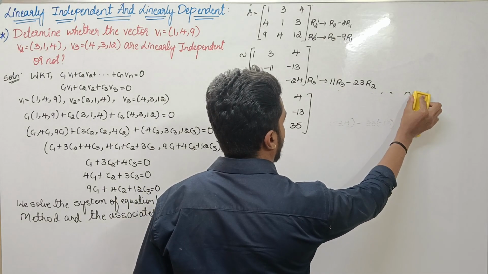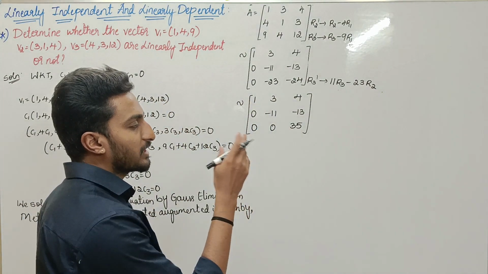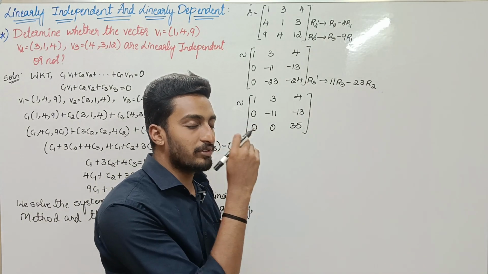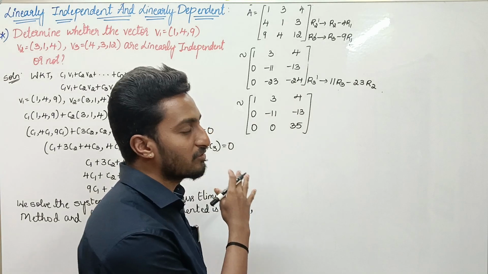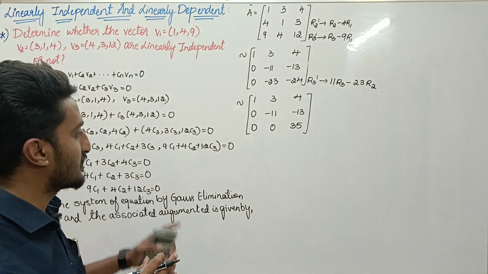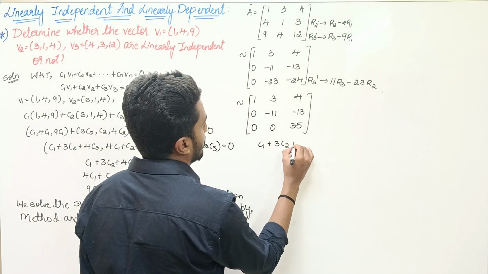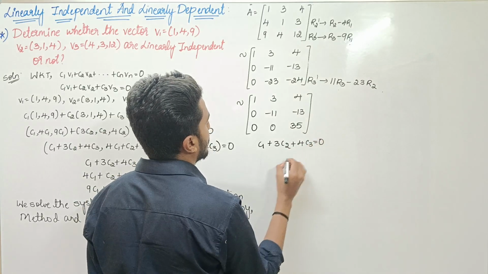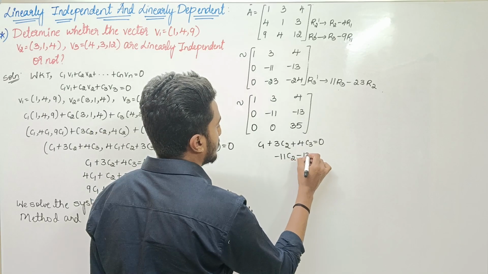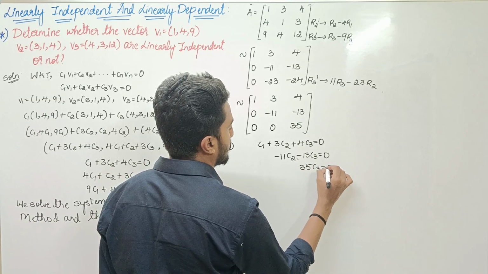Now represent this in linear equation form, or else we can conclude here itself. If you are getting a non-zero row in a matrix, then we can directly conclude that the given set of vectors are linearly independent. Or else, since we have gone with c1, c2, c3, let us represent c1 plus 3c2 plus 4c3 equal to 0. Next, minus 11c2 minus 13c3 equal to 0. Next, 35c3 equal to 0.